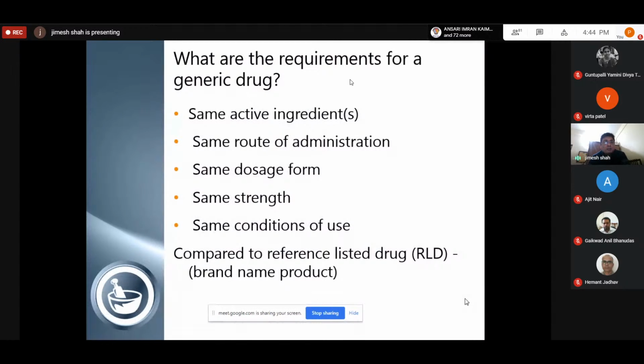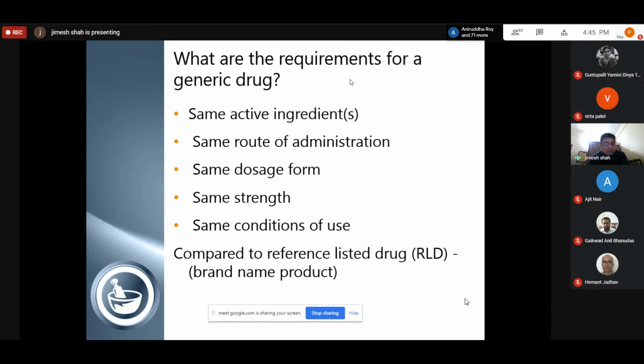So what are the requirements of a generic drug? It has the same active ingredient, same route of administration, same dosage form, same strength, and same condition of use, compared to the reference listed drug, that is the innovator drug, the brand name product. What does same active ingredient mean?